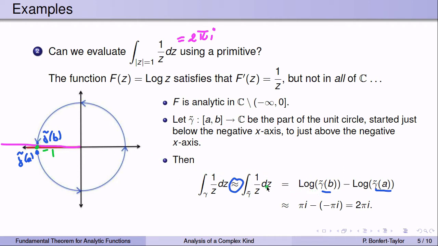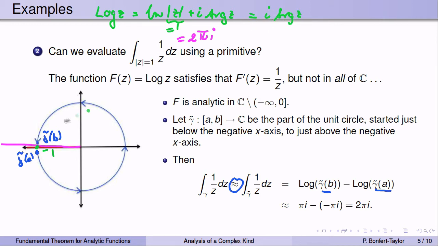So what's the logarithm of that? Remember, the logarithm function is defined as log z equals the natural log of the absolute value of z plus i times the argument, uppercase Arg, of z. On the unit circle, the absolute values are all equal to 1. So the natural logarithm of 1 is 0, so you end up with just i times the argument of z.